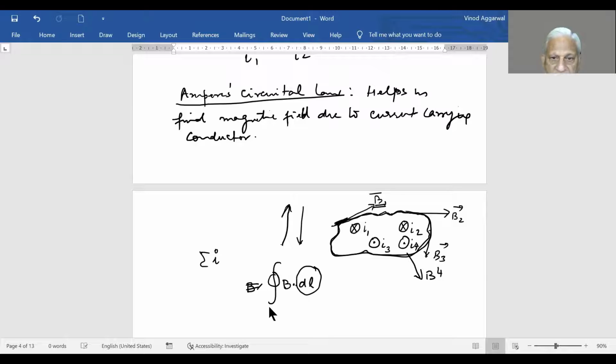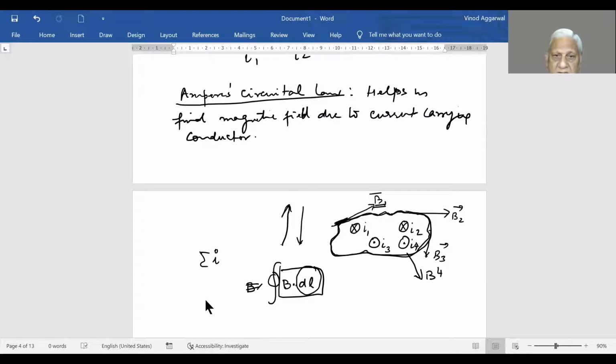You integrate this quantity B dot dl, a scalar product, over small dl along the periphery of the loop.